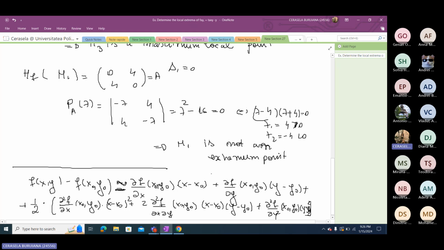Moreover, why do we use the Taylor polynomial for local extrema? Because let's think, if for instance x0, y0 is a point of minimum, then the difference between f of x, y and f of x0, y0, how should it be? What kind of values should it have all the time for a specific ball around x0, y0?